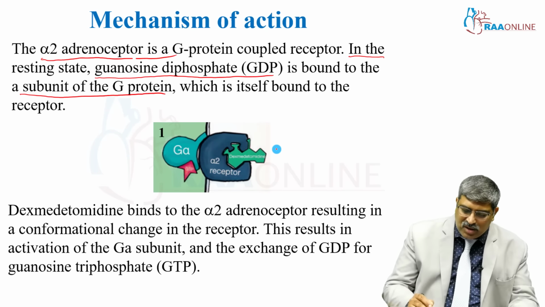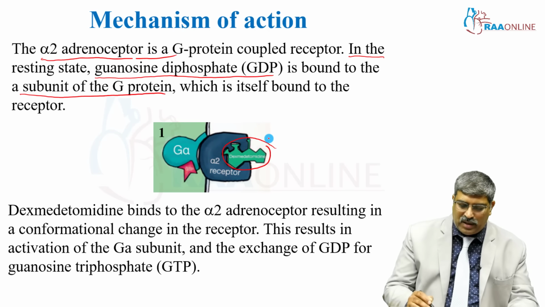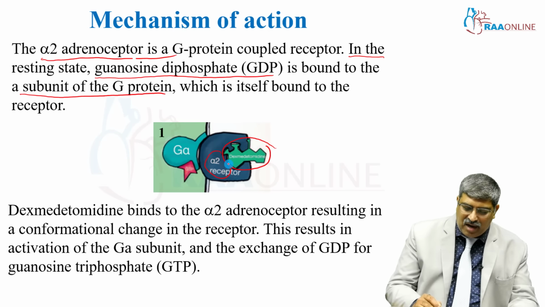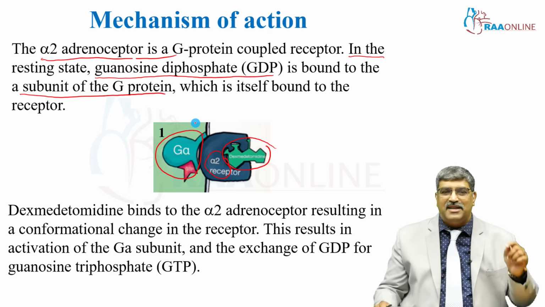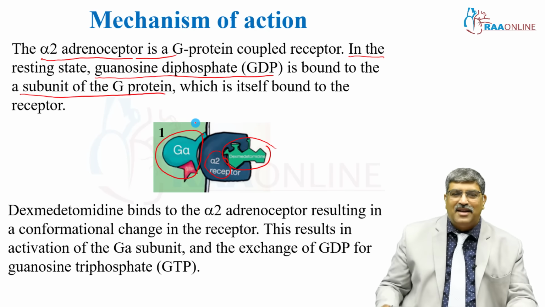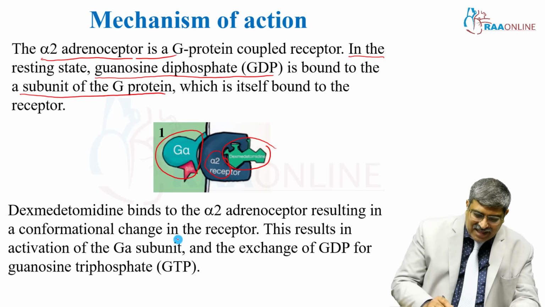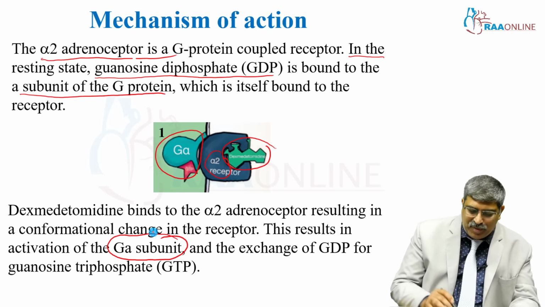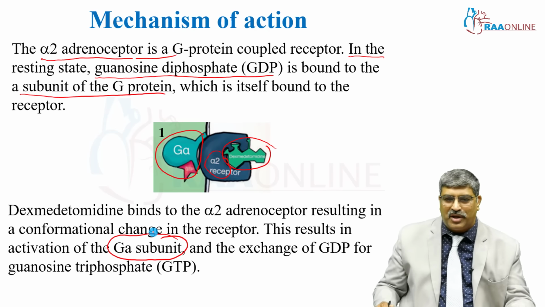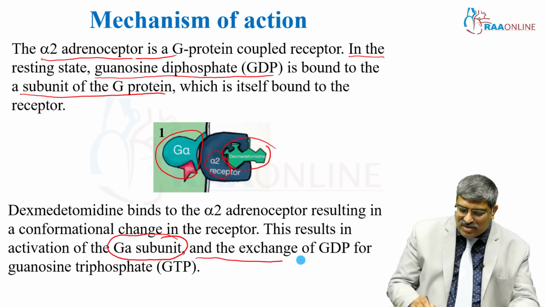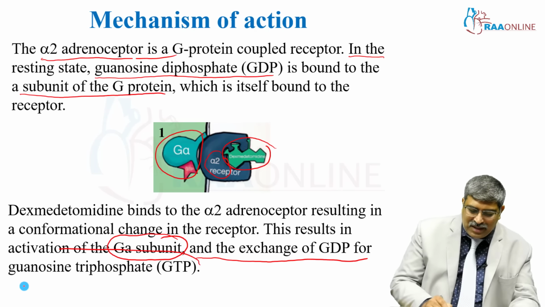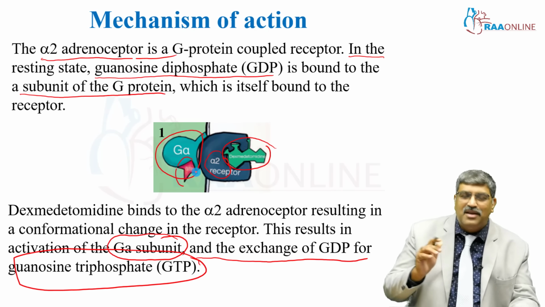Once you give dexmedetomidine, it binds to the alpha-2 receptor, which causes a conformational change in the G protein. This results in the activation of the alpha subunit of the G protein, and the exchange of GDP to GTP happens.